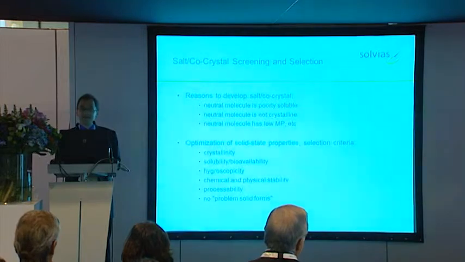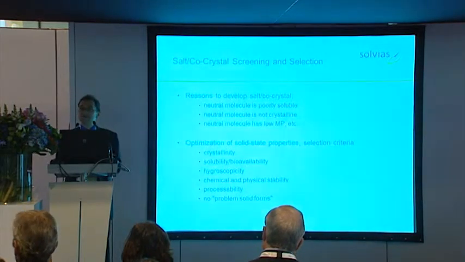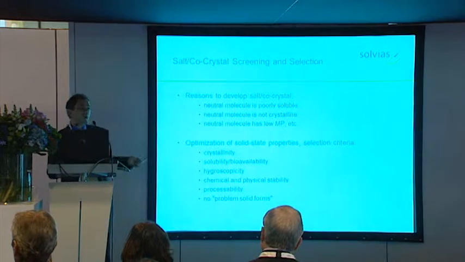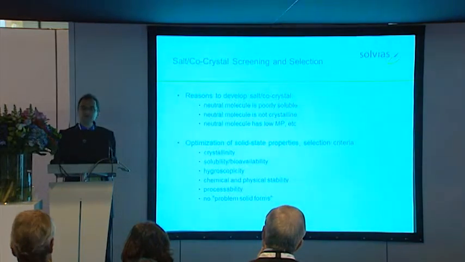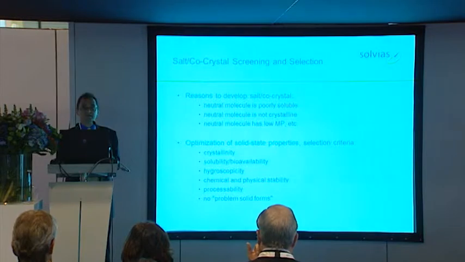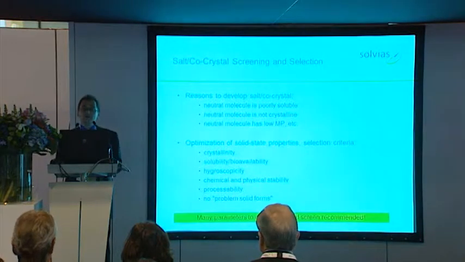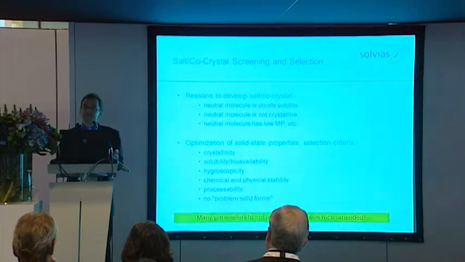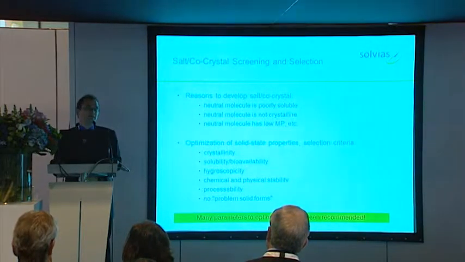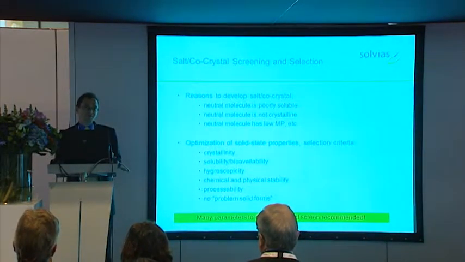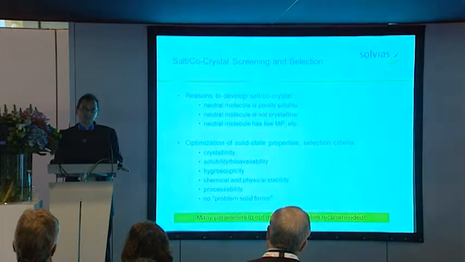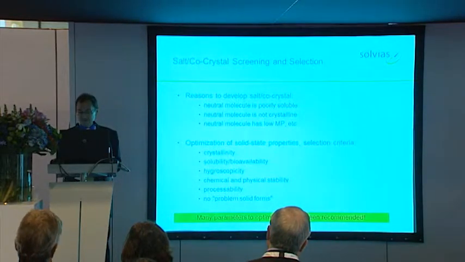You want something which is stable, which is easy to process, and which also doesn't have what I call here problem solid forms, which could be, for example, enantiotropic polymorphs with a transition temperature near room temperature, or channel hydrates, etc. So you want to optimize lots of properties at the same time, which means it's definitely recommended that you do a broad salt or co-crystal screen. The hydrochloride or the sodium salt might not be the optimal one, so you have to look at lots of different salts and then find the optimal one.